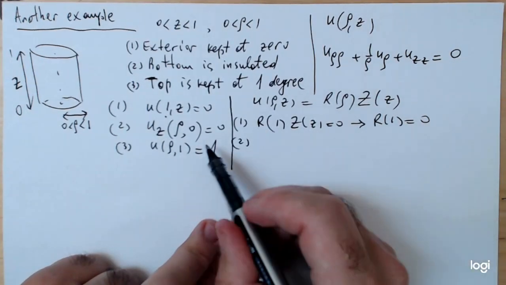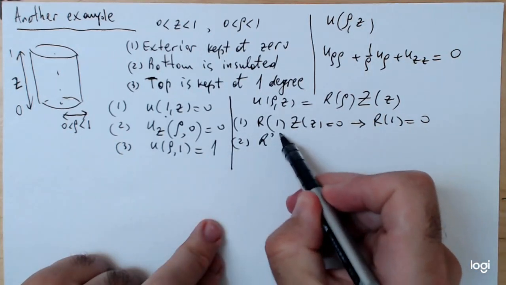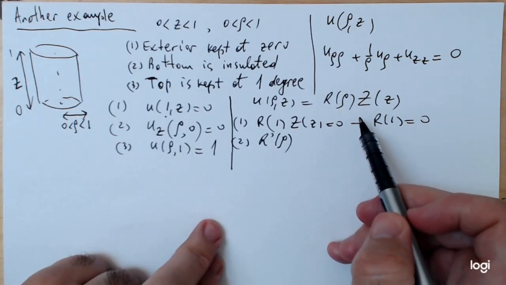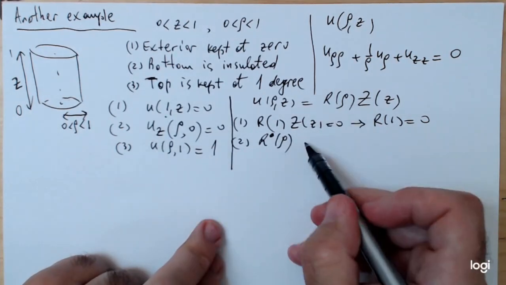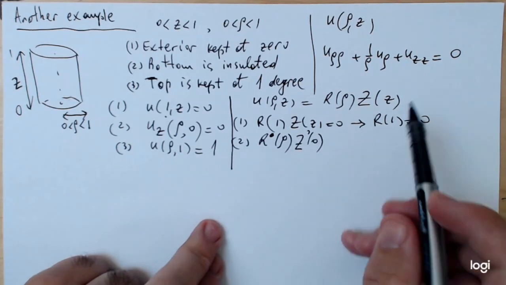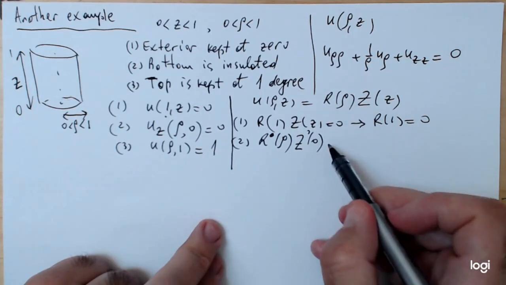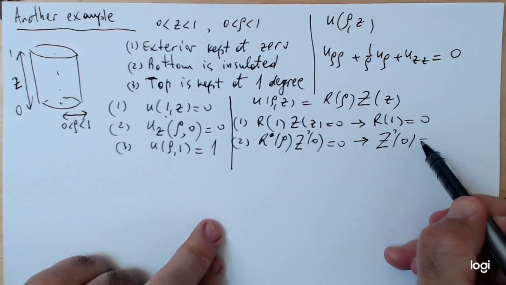Second condition means R of rho Z prime of 0, because you do partial Z. So it's Z prime of Z evaluated at 0 equals 0. This implies Z prime of 0 equals 0.